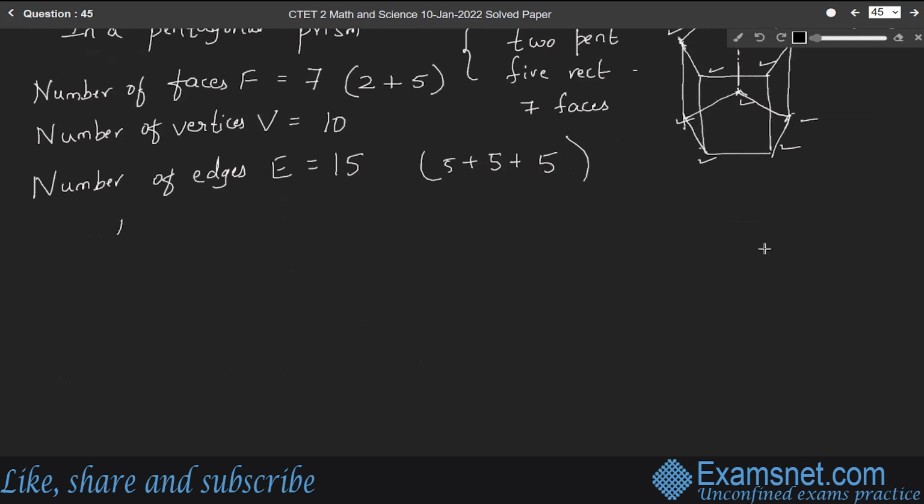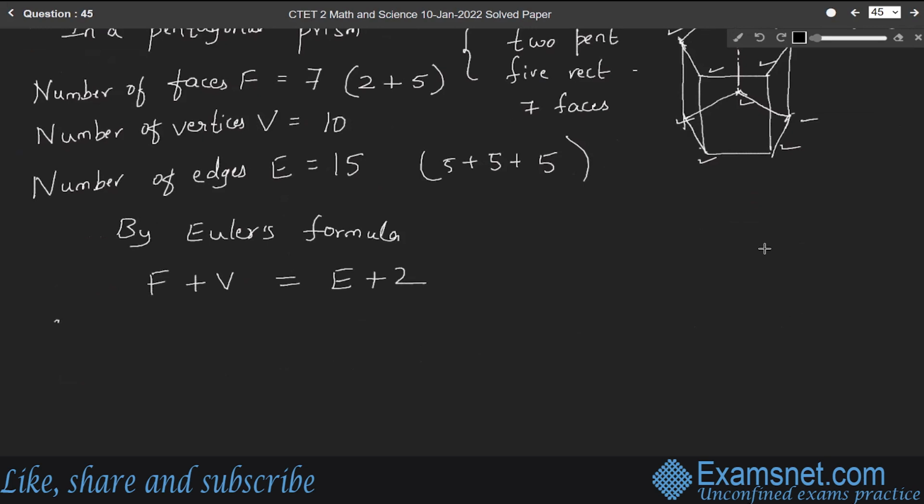So by Euler's formula, in case of any polyhedron, number of faces F plus V is equal to number of edges E plus 2.